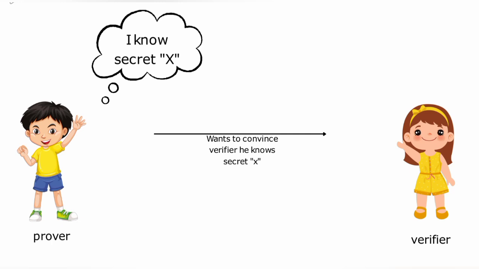Instead, he wants to make the verifier understand that he knows it. So he has to convince the verifier that he knows the secret X without revealing X.